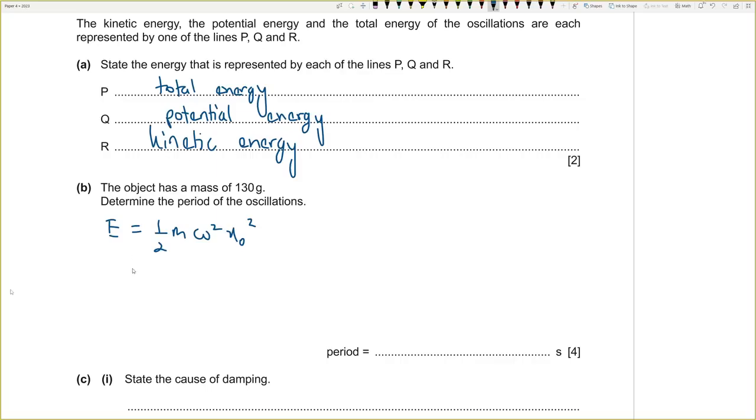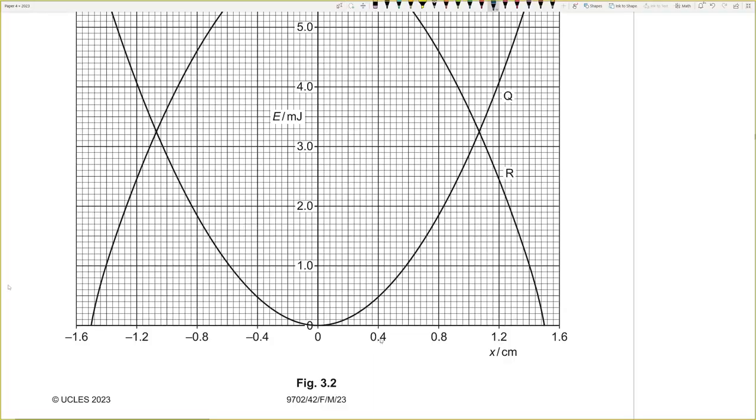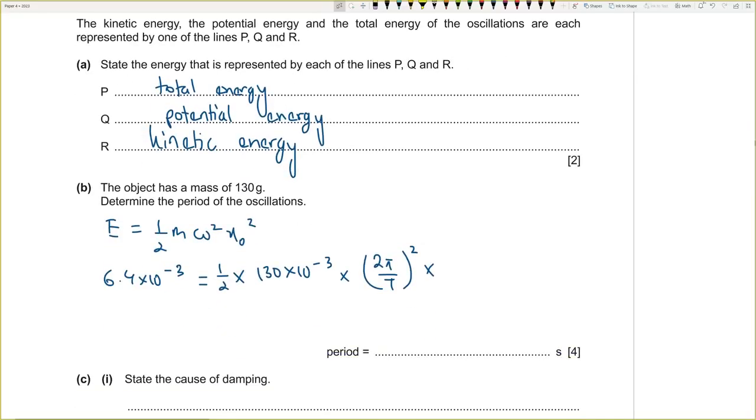So 6.4 times 10 to the power minus 3 joules is equal to half times 130 times 10 to the power minus 3 times omega, where omega is essentially 2 pi by T, whole square. And what is x naught over here? We can check that from the graph. Your maximum displacement looks like it's 1.5. Okay, so that's 1.5 centimeters. That's 1.5 into 10 to the power minus 2.